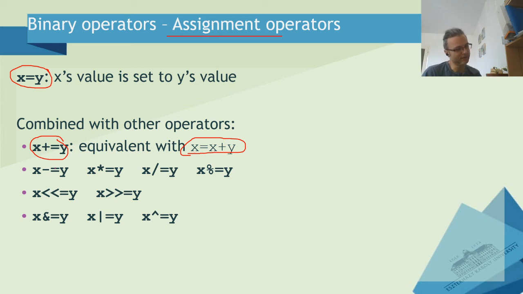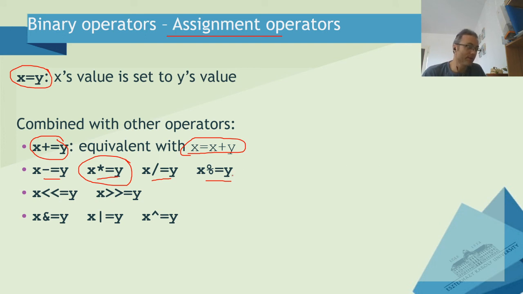Did you know that you can do the same with the other arithmetic operators as well? Have you ever used minus equal, for example? Just give it a try. For example, you can easily multiply x by y.